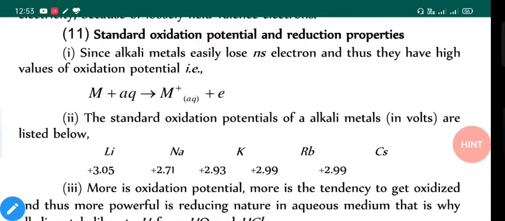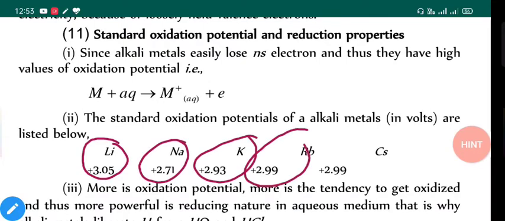Now usually these metals are strongly metallic in nature, that means they have a strong tendency to lose electrons, and by doing so they form positive ions. That's why their oxidation potential values are quite high. As we can see, lithium, sodium, potassium, rubidium, cesium, all of them show quite high values of oxidation potential. Now reduction potential is exactly the same with opposite sign.